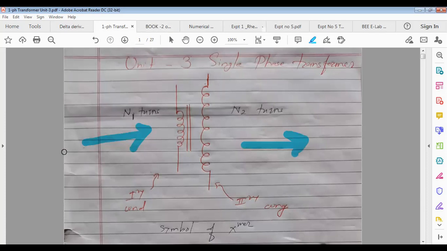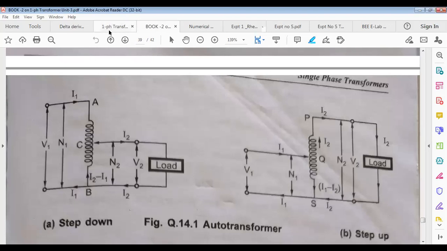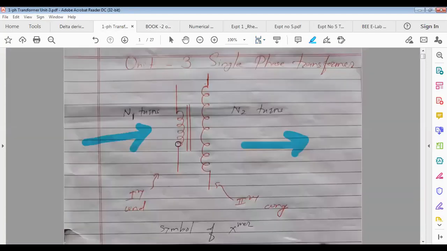See, in the auto transformer, how many windings can you find here? Only a single winding is there. All of you can see in the transformer 2 windings are there, and in the auto transformer only a single winding is there.